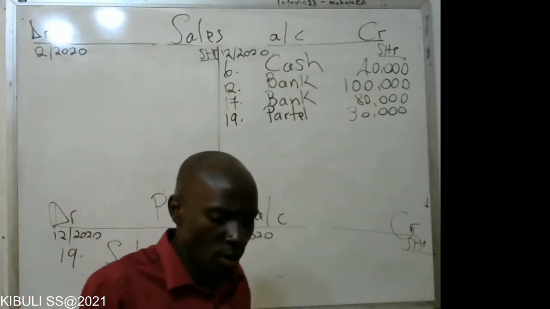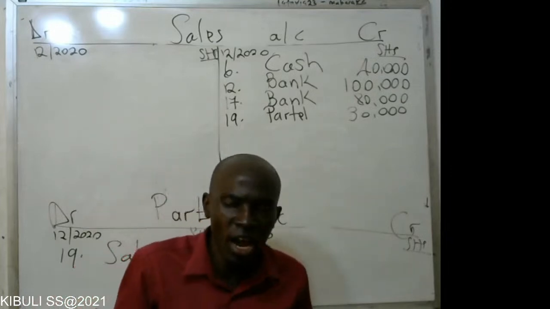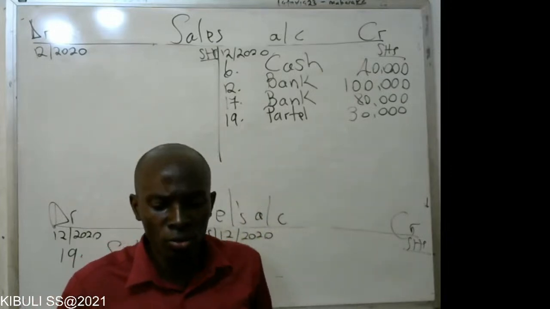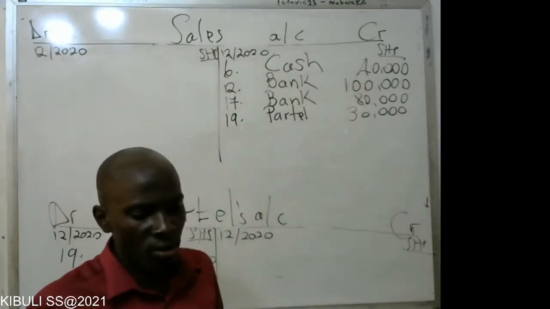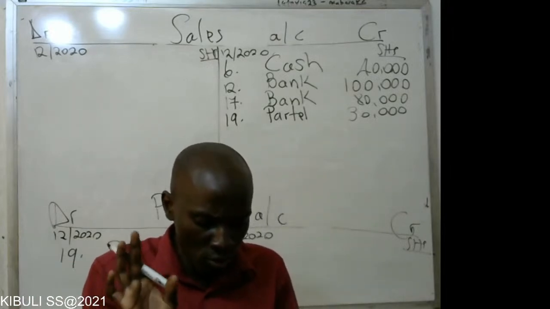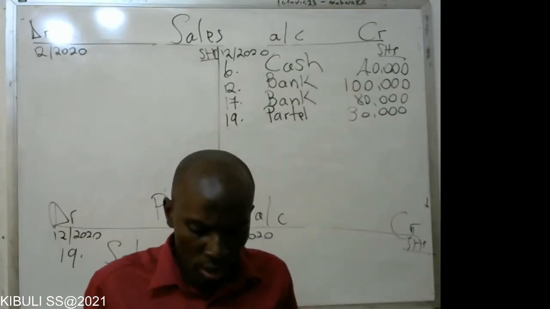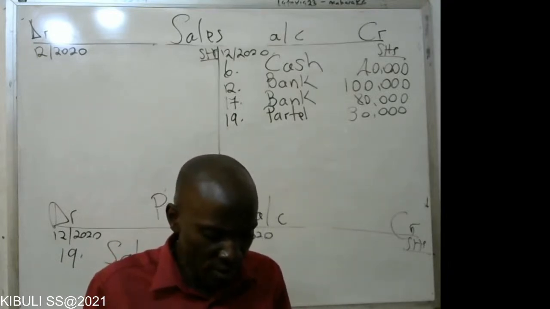Okay, so we are still in our sales account trying to look for the transactions that affect it. We ended with the transaction on 19th, which was a credit transaction, sold goods on credit to Patel. Then we can also look at the transaction on 23rd, which also affects the sales.